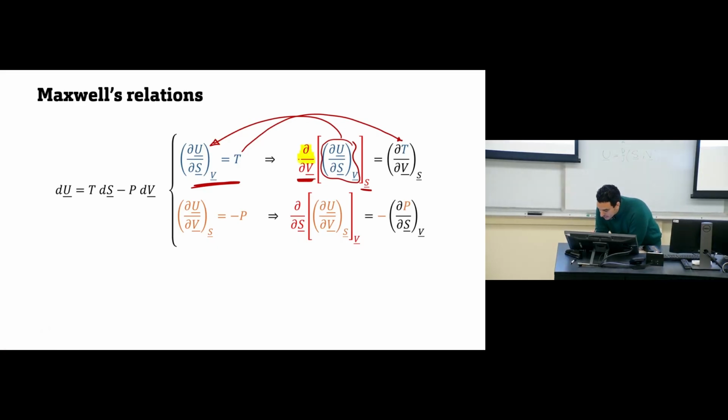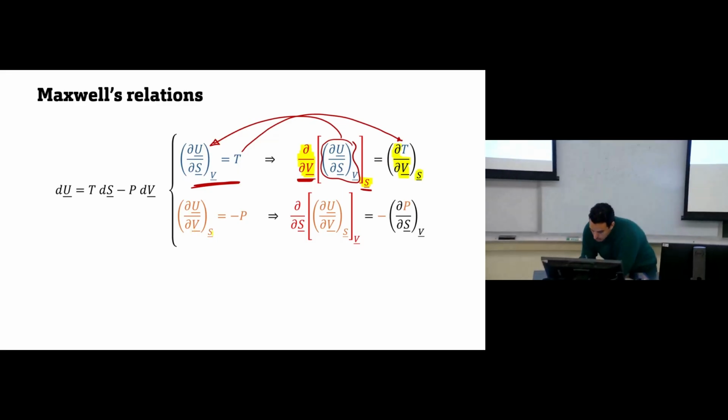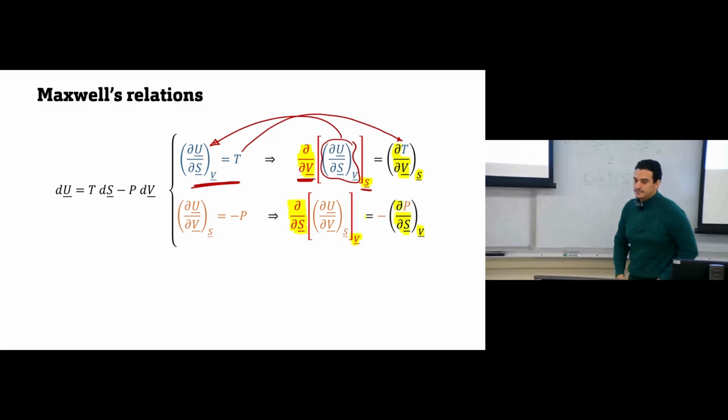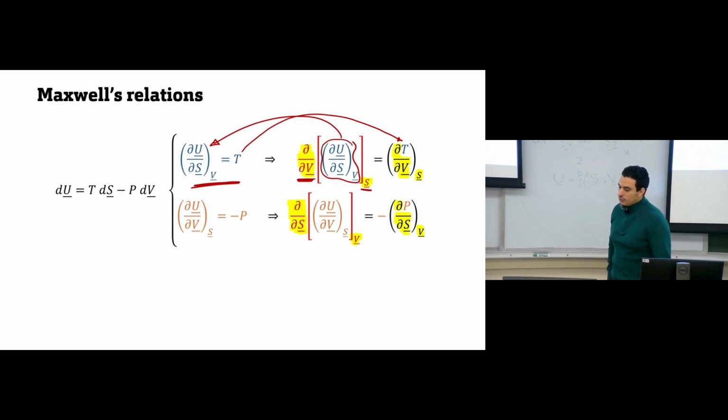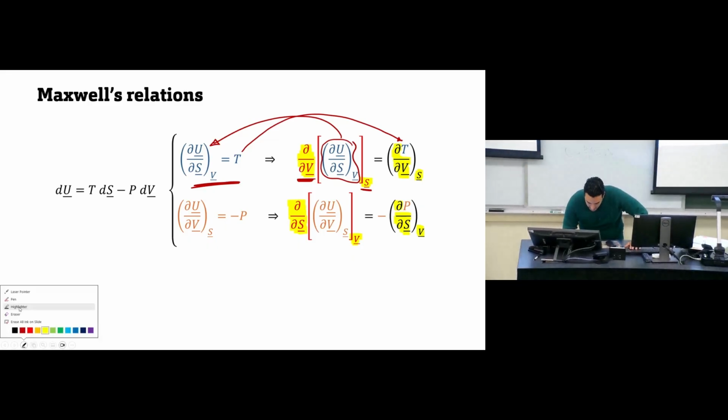Take d by dV at constant S. And same thing here, we have dU by dV at constant S, so take the derivative d by dS at constant V. So if we did this, then you can see the following.